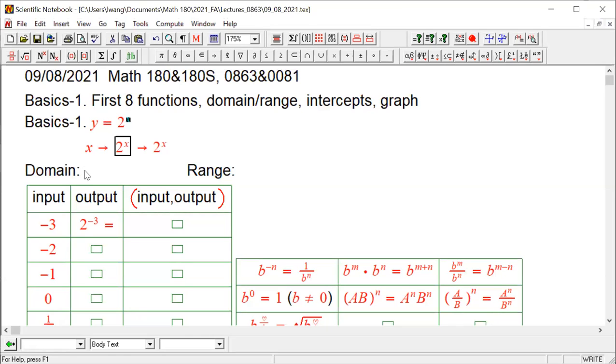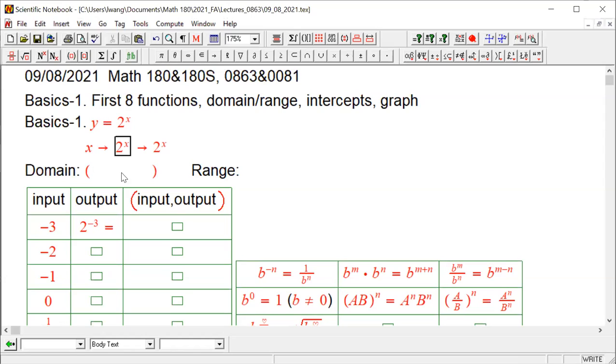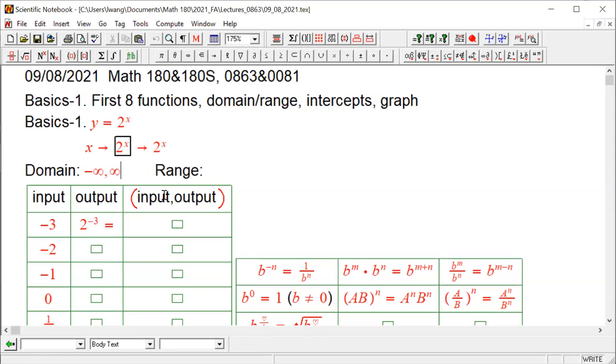That's any real number, right? Yeah. Any real number means what? It can be a negative number, positive number, fraction, decimal, rational, irrational. Okay. Any real number can be the power.